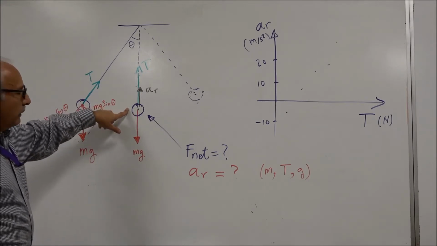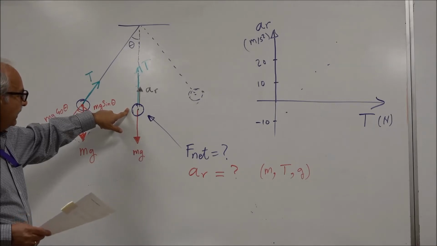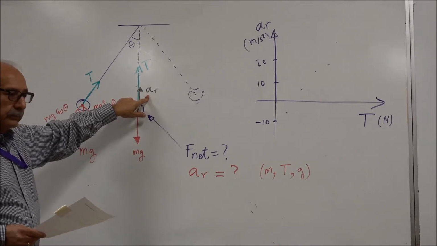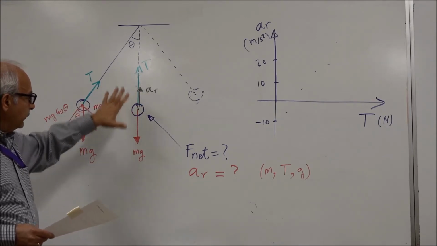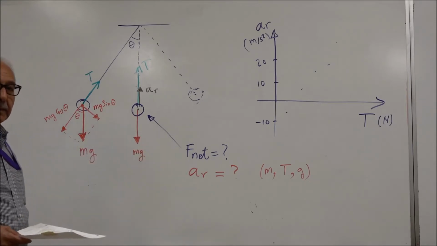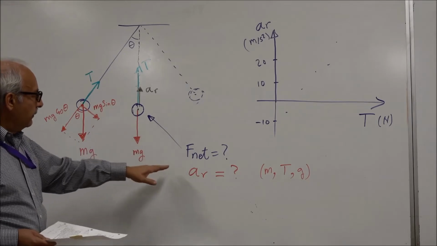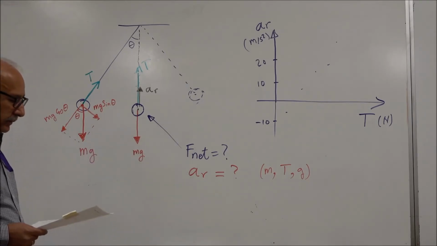So what we want to find out in part 1, what would be the centripetal acceleration for this pendulum at this point. And all you have to do, just look at the net force acting on this, and from there find out what is the centripetal acceleration.